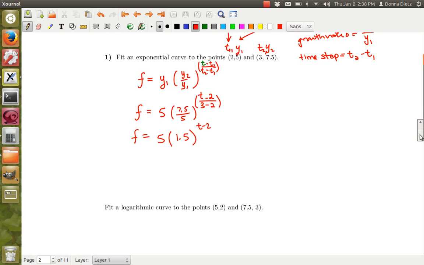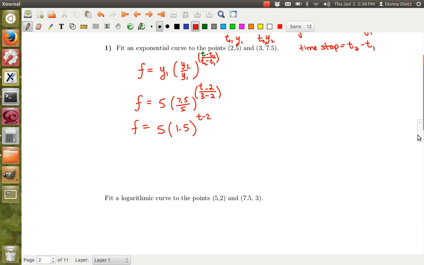Now it says find a logarithmic curve. Oh no, what do we do? Well, I'm doing this as a pair. You notice I just switched these around. Up above, the exponential curve is 2, 5, and down below, the logarithmic curve is 5, 2.